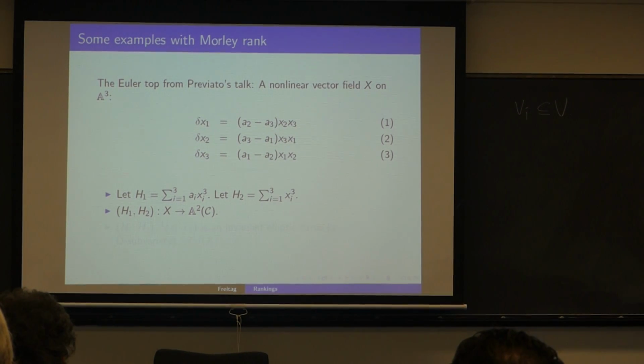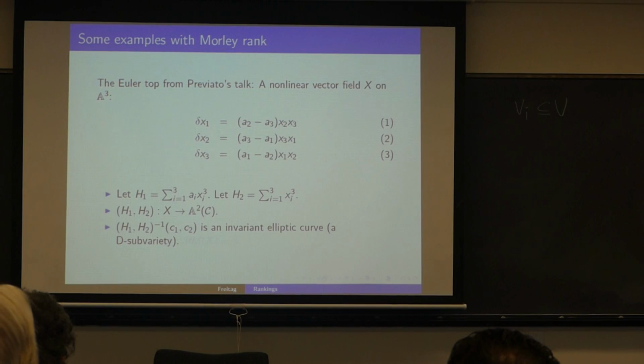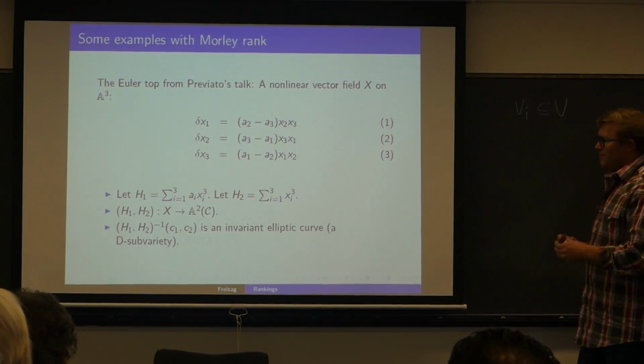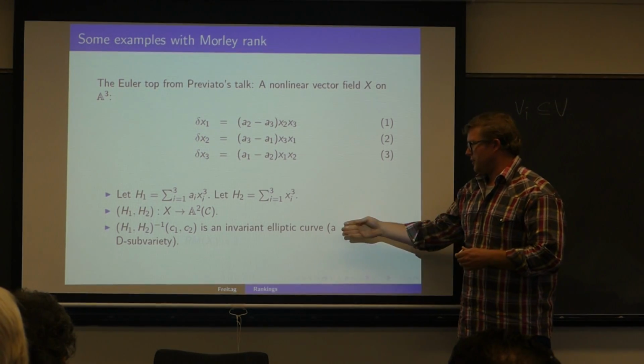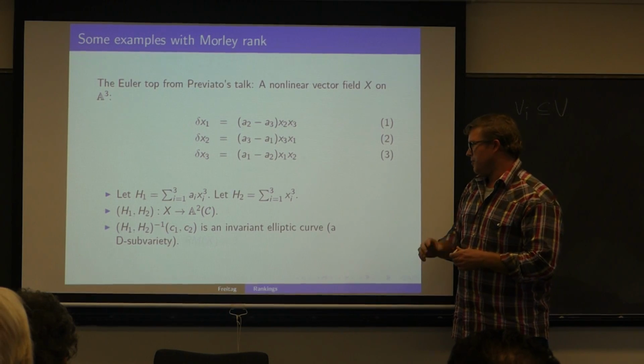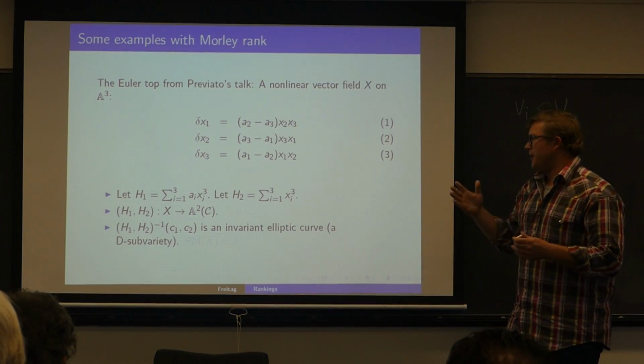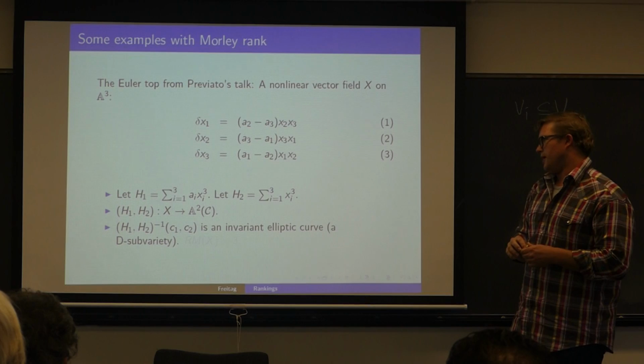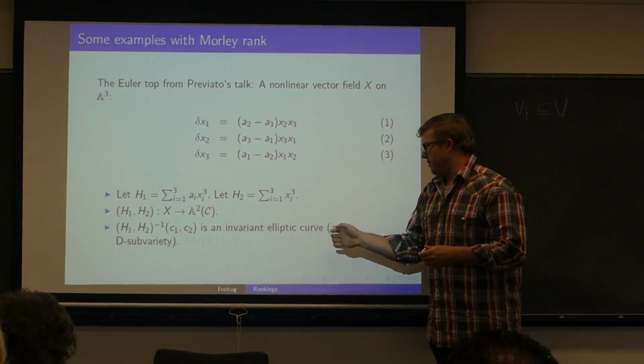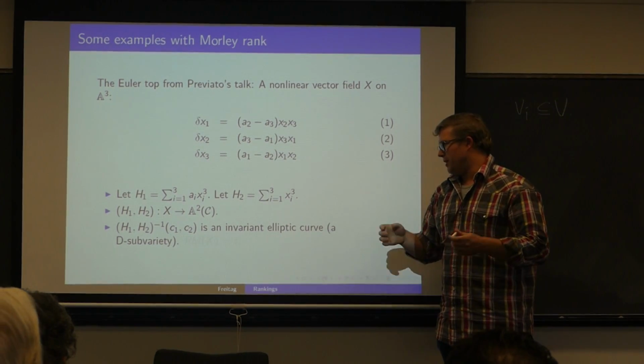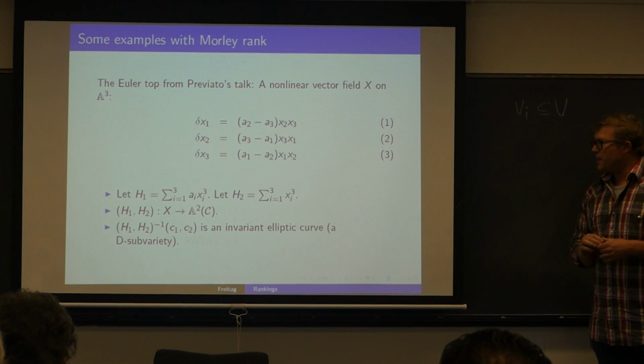It's non-constant. Okay. And if you just look at it a little, you can also see that this is an elliptic curve, and it's invariant under the vector field, which is what model theorists in the room probably call being a D-subvariety.